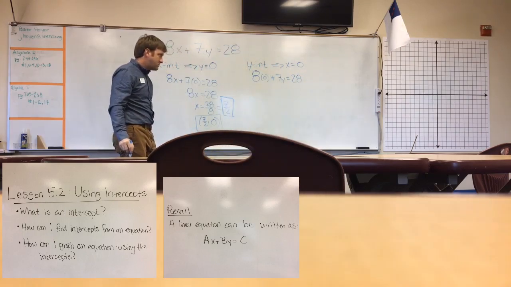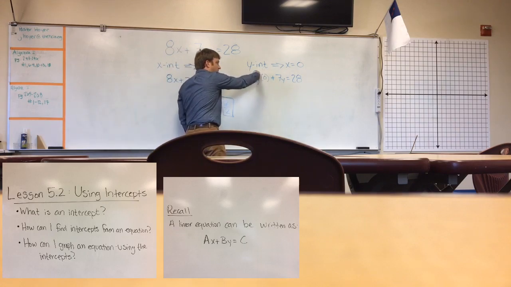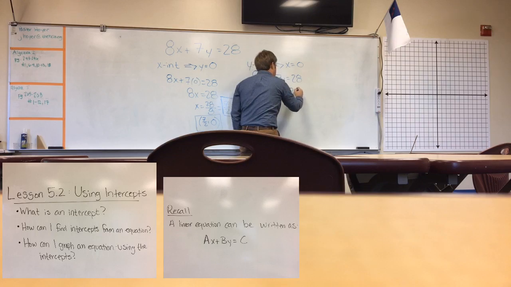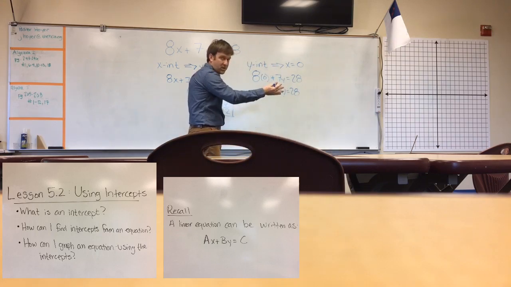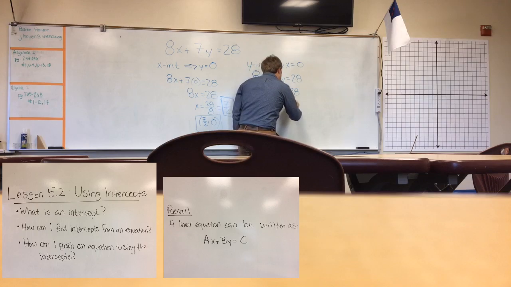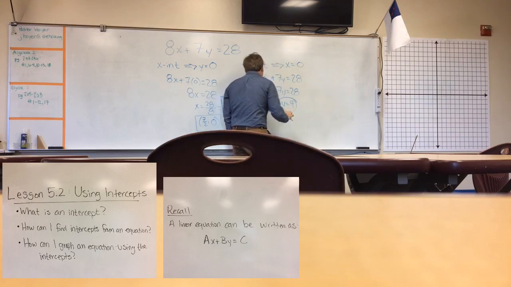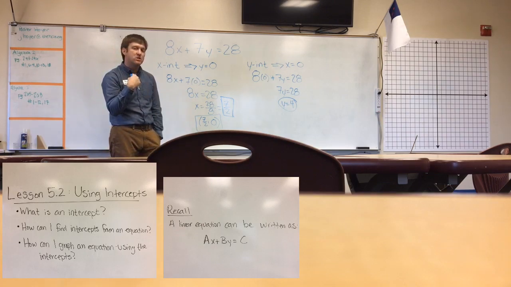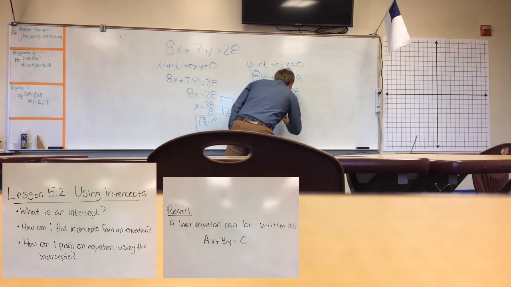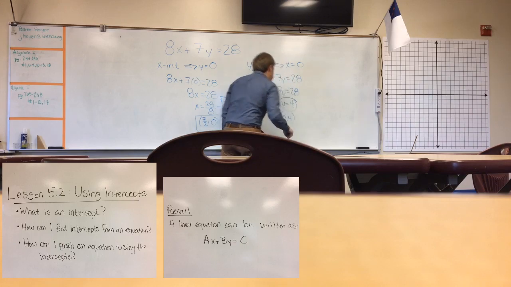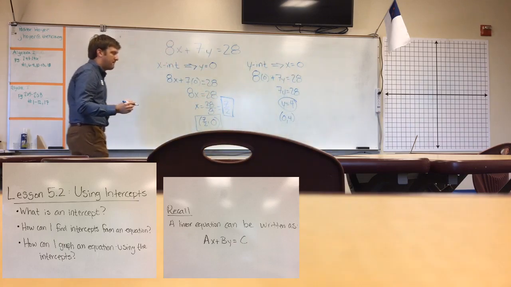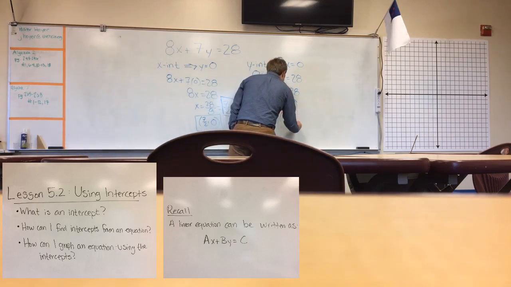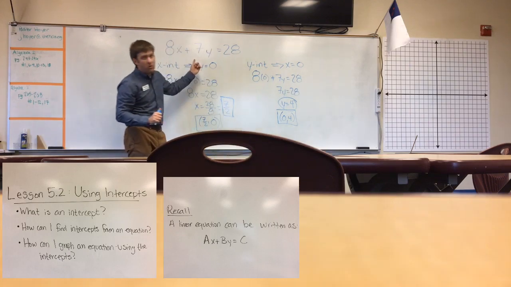All right? So again, 8 times 0 is 0, so that goes away, and we're left with 7y equals 28. Divide both sides by 7, and we get y equals 4. So the y-intercept occurs at y equals 4. So the point would be 0, 4. That's the y-intercept. Okay? So pretty simple to find the x-intercept and y-intercept from an equation.